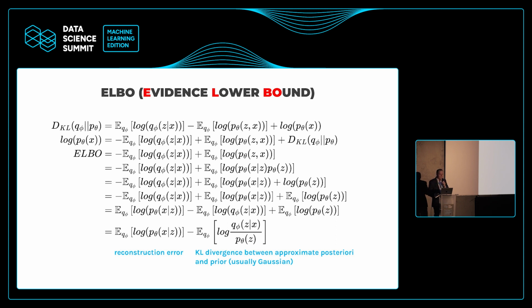But the thing is not the math behind this. The thing is that at the end of these transformations, we see that there are actually two terms in this entire thing.